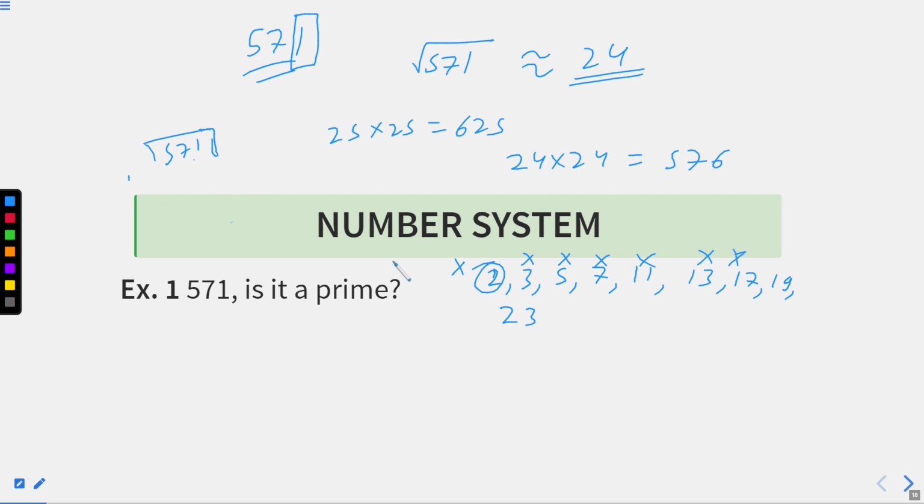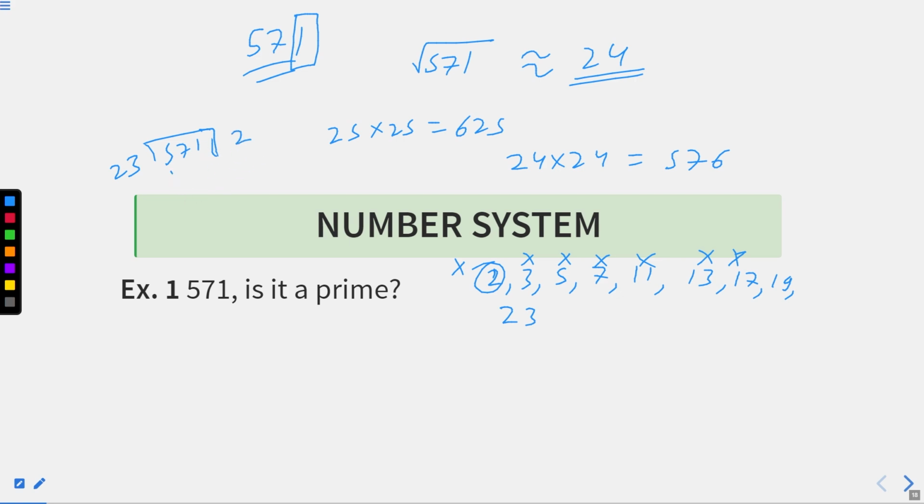Now let's see for 19. 19 times 3 is 57, and the remainder is not zero, so this is also not going to work. Now the only number remaining is 23. 23 times 2 is 46, 23 times 3 is 69.